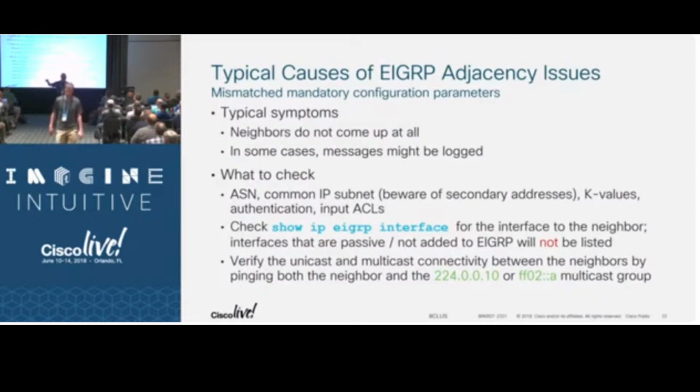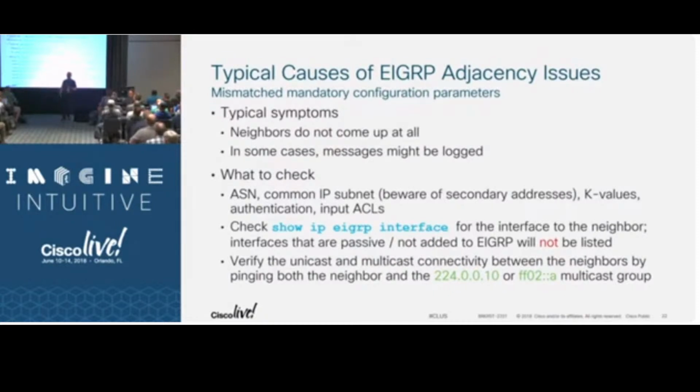The primary would be 10.1.2 and the secondary would be 10.1.1. If you do ping tests, it will work. If you ping even the multicast IP address, it will work because the neighbor gets your packets and they are both on the directly connected networks. But EIGRP always establishes adjacencies using primary IP addresses only. So it will keep barking at you that the neighbors are not on the common subnet.